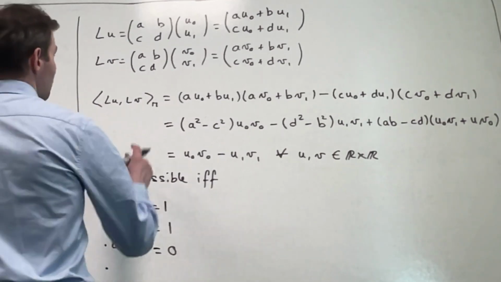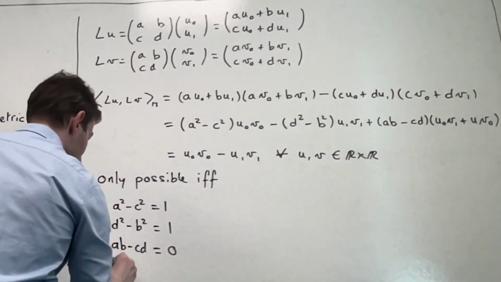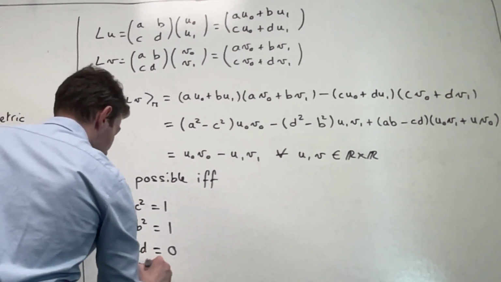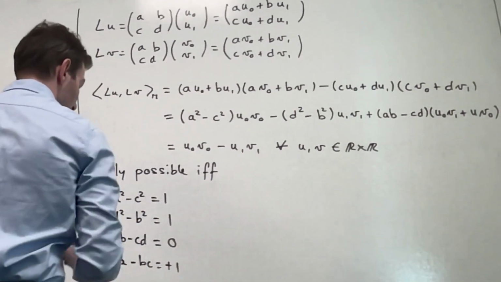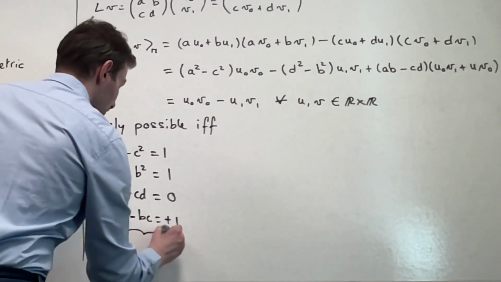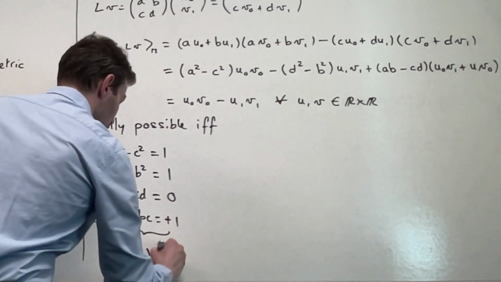So I'm asking that AD minus BC, so DA minus BC, is equal to +1. That's now my requirement that I want to satisfy, and this particular equation stands for det of L equal to +1.